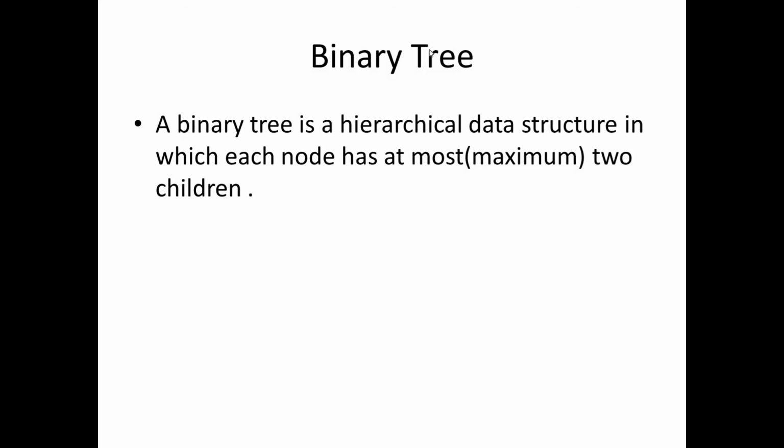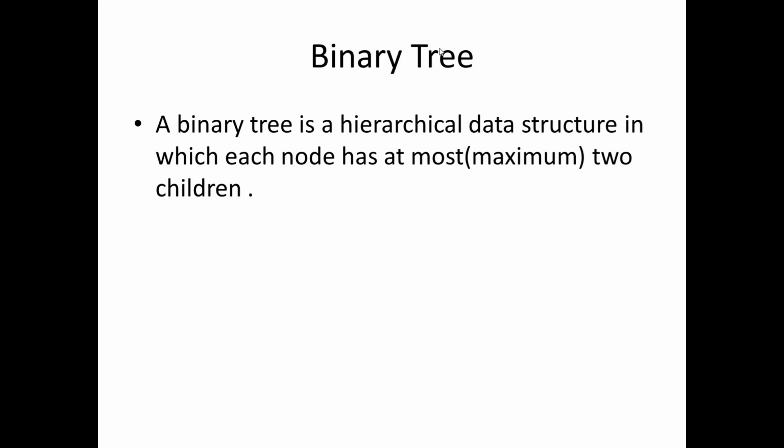Binary tree. What is a binary tree? A binary tree is a hierarchical data structure in which each node has at most 2 children. Each node must have at most, or maximum, 2 children. The minimum is 0 children or 1 child, which is allowed, but the maximum is 2 children.